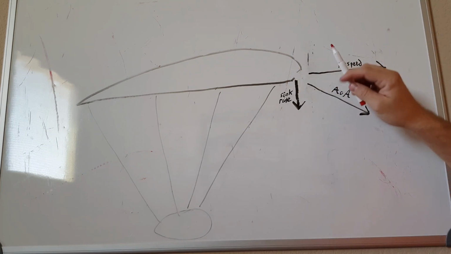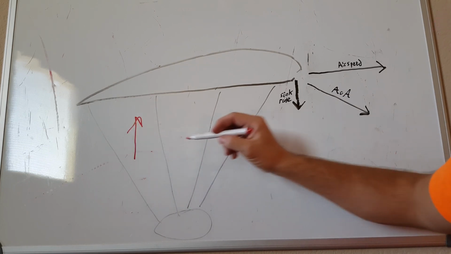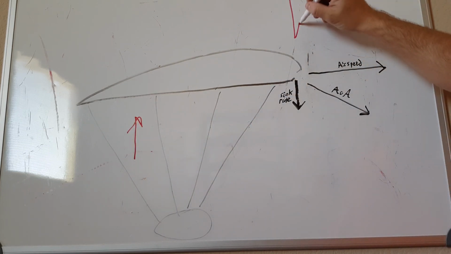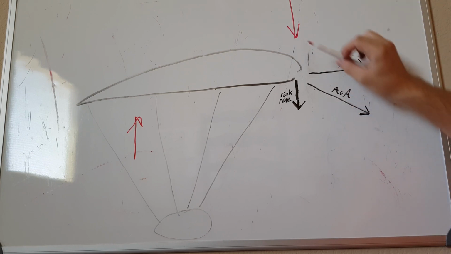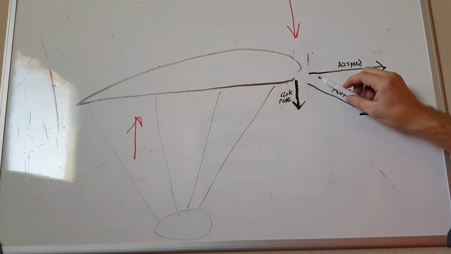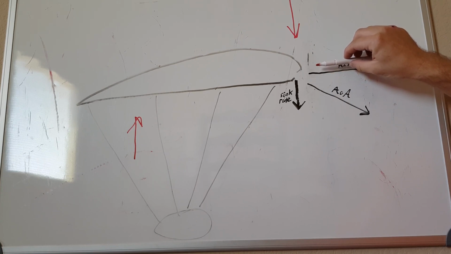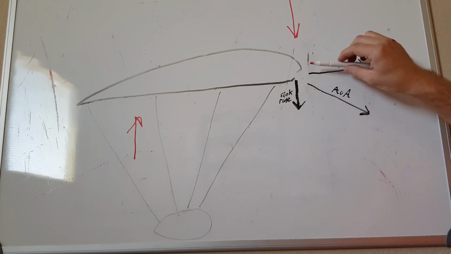But as you exit the thermal, you have lift here being created still, but now you've entered the sink on this side. So your angle of attack at the leading edge of the wing has changed. And if the sink is strong enough, this angle of attack changes from this direction all the way here. And that's when you start to lose tension on your A-lines.